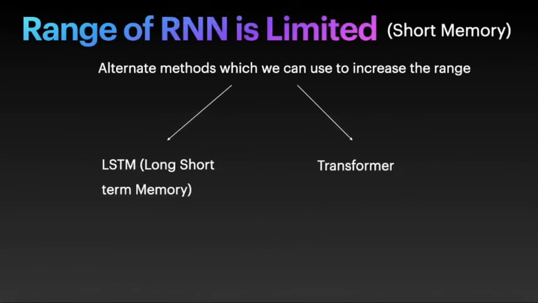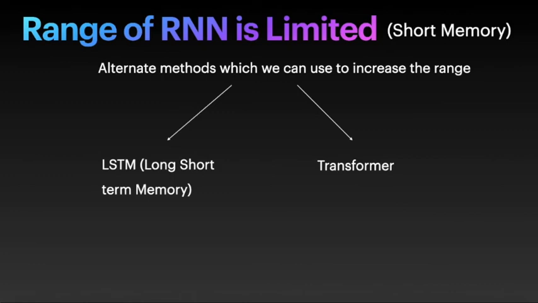Now, the range of RNN is limited and it has a problem of short memory. Now, what methods can we use to increase the range? There are two methods that we can use: one is LSTM and the second one is transformer. See, the range of LSTM is medium. Basically, we can do almost 90% of the applications using LSTM.